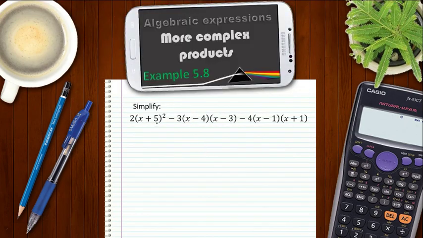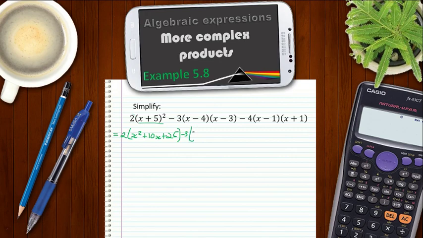Alright, so here we have this one. Now what makes this one a bit more complicated is that we have both these squares and we have a coefficient in front there. Okay, so 2, and then multiplying this one out is x squared plus, multiply together with 2 is plus 10x plus 25 when I square that one. Then minus 3.